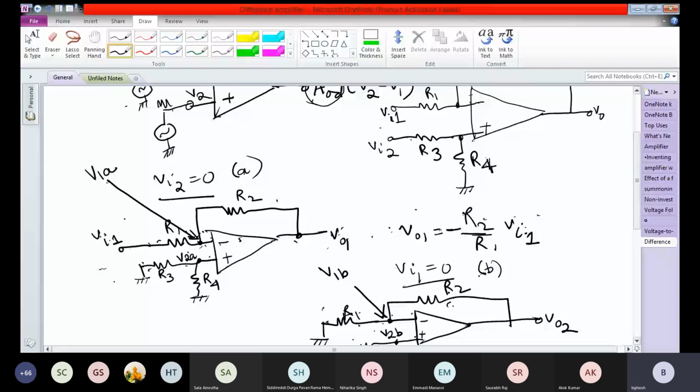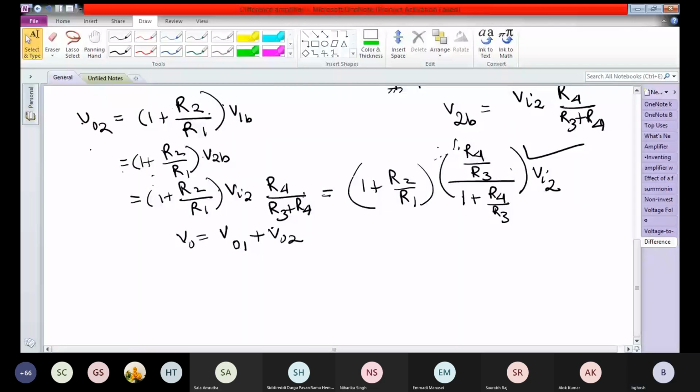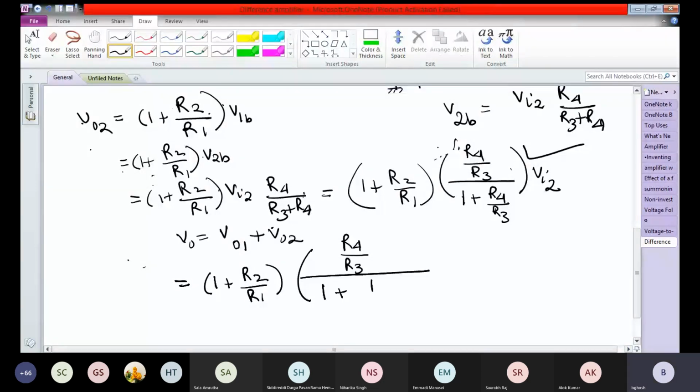So we just add these two voltages, and it becomes 1 plus R2 by R1 times R4 by R3 over 1 plus R4 by R3, times VI2, minus R2 by R1 times VI1.